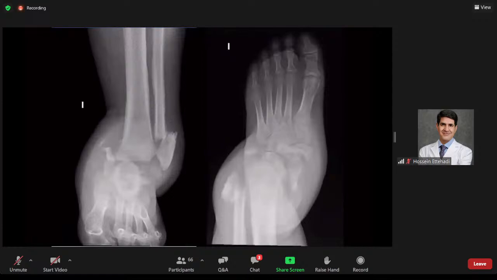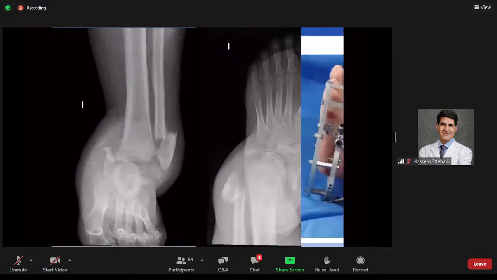In these cases, I do not recommend a conservative measure like total contact casts, because it will probably ulcerate, and we have to try to treat these patients before they ulcerate.